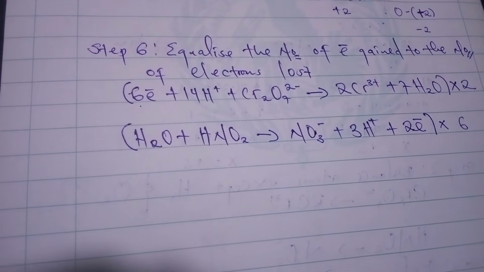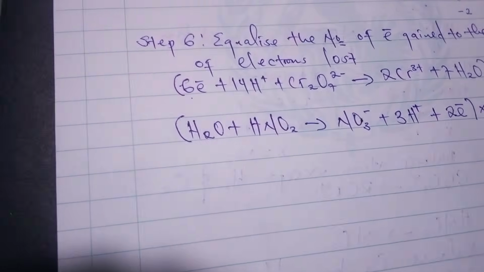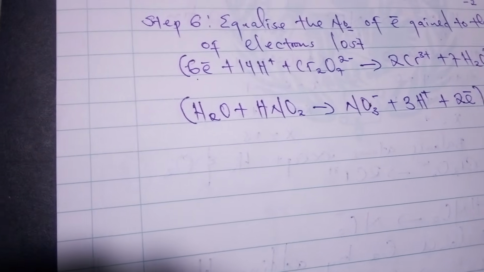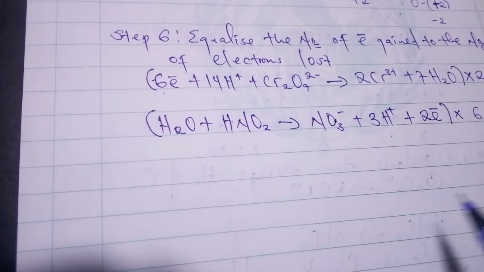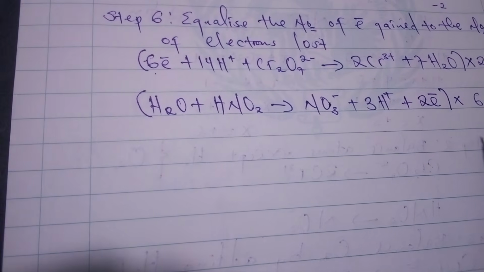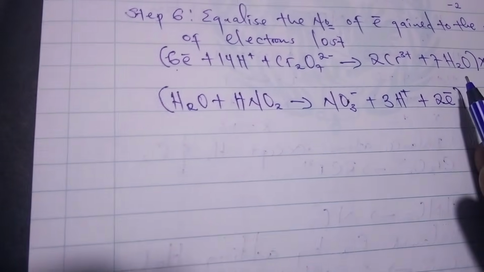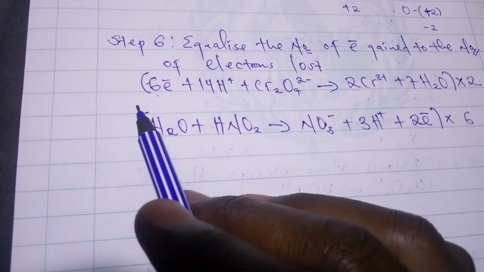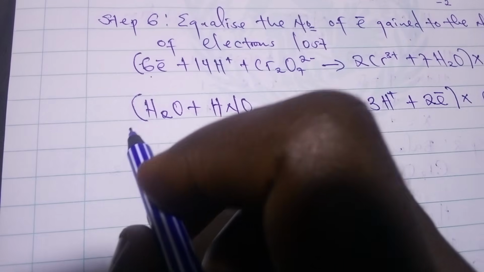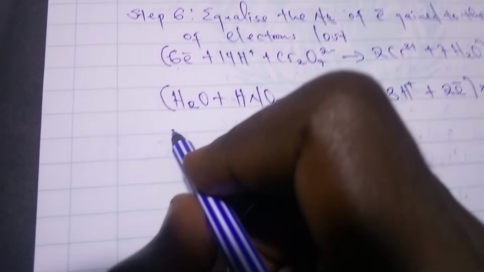So that 2 should be multiplied with everything in the bracket, and also 6 should be multiplied with everything in the brackets.